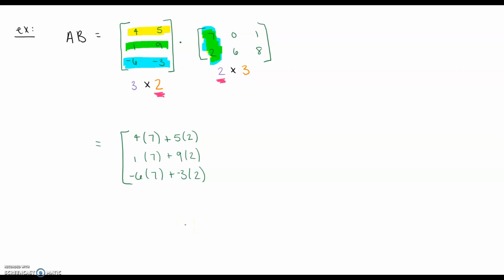So now for the next column, same pattern. We're going to do 4 times 0 plus 5 times 6. 1 times 0 plus 9 times 6.